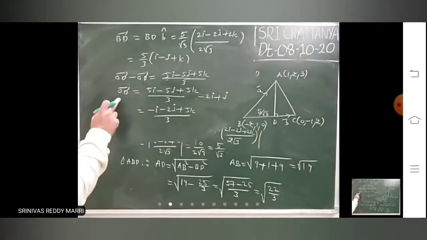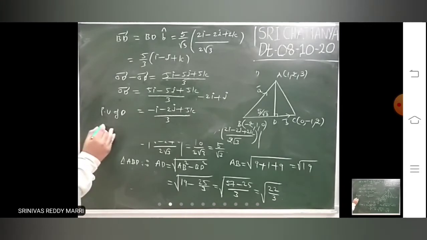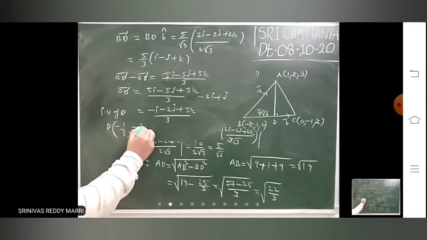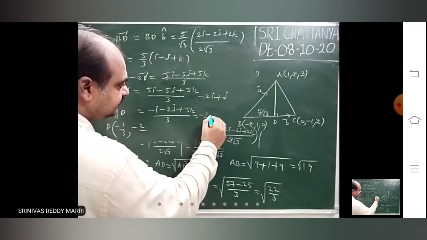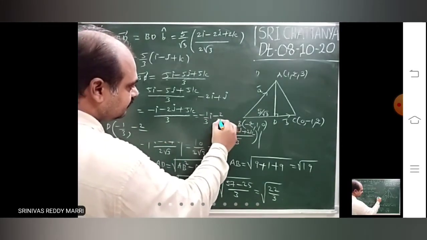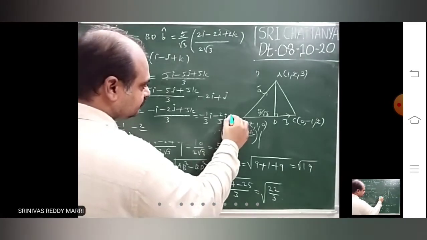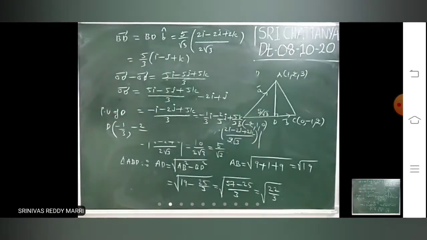So therefore, the position vector is nothing but this position vector of D. Suppose if he wants the coordinates, D point is nothing but minus 1 by 3 i, minus 2 by 3 j, plus 5 by 3 k.